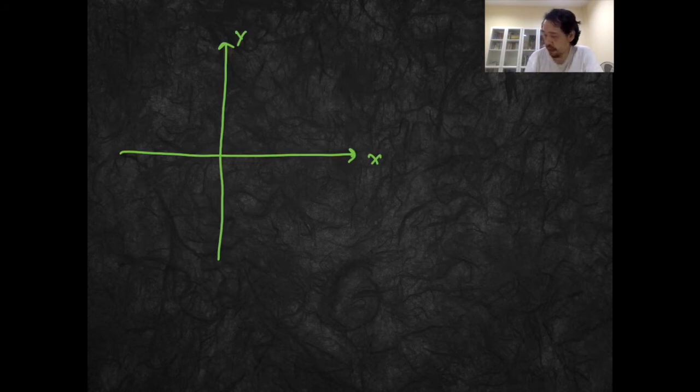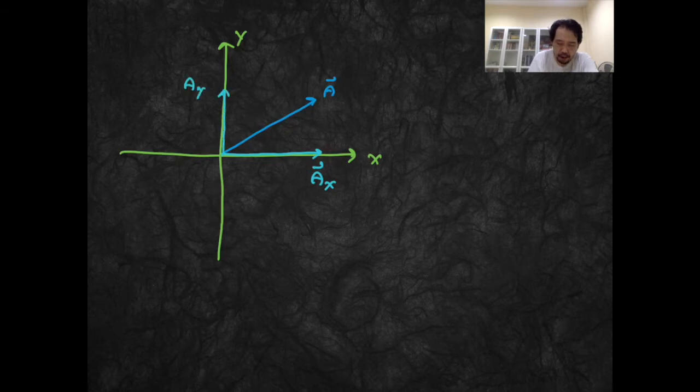If we have a vector A, we write down the component of A along the x-axis like this, and we write down the component of A along the y-axis like this. Let us define 2 unit vectors.